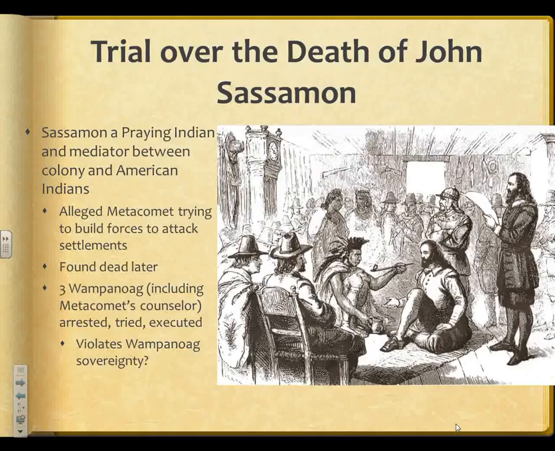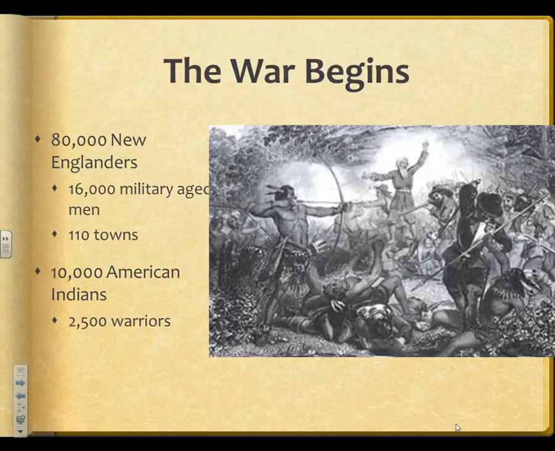It turns out that they don't believe him, but just to be sure, the English are going to grab 3 of these Native Americans from this tribe that's being accused and they're going to execute them as a warning, because clearly that's the best way to make friends, is kill some people. Anyway. And that's kind of the last straw, right?